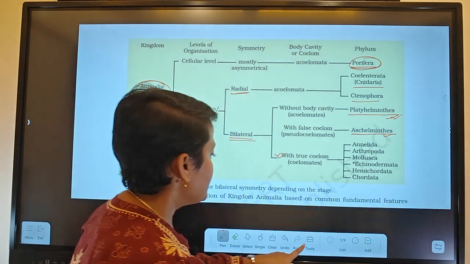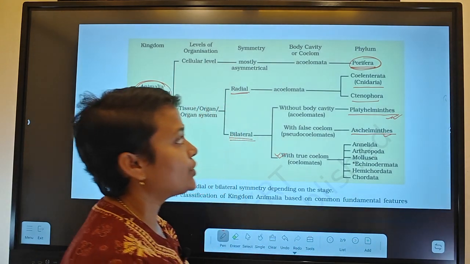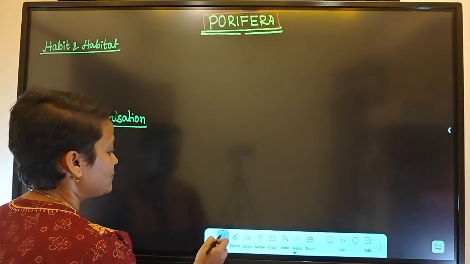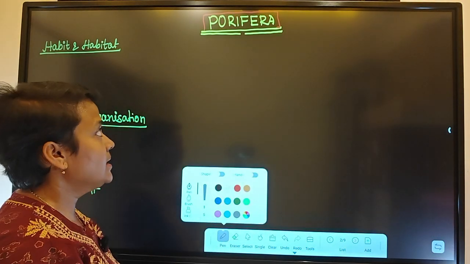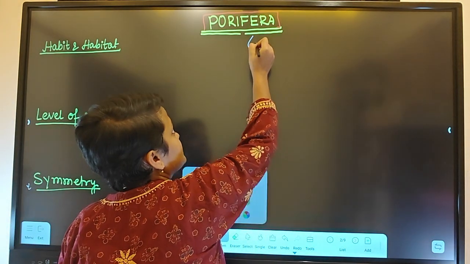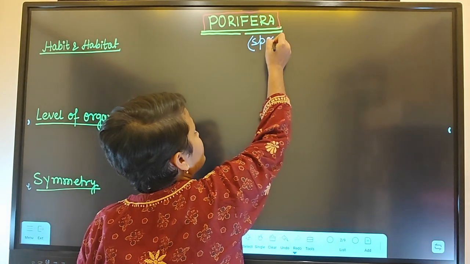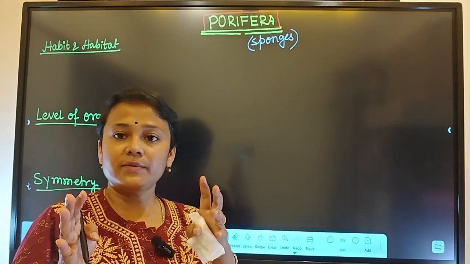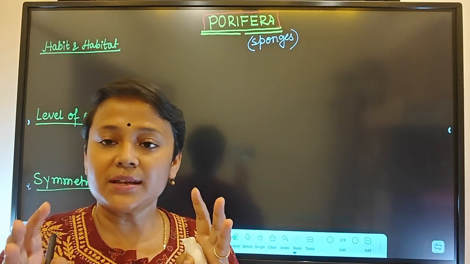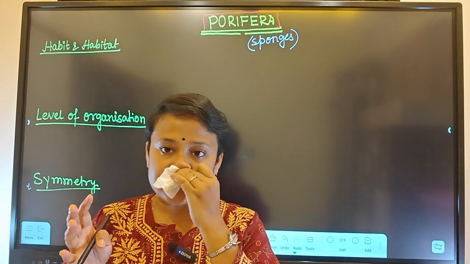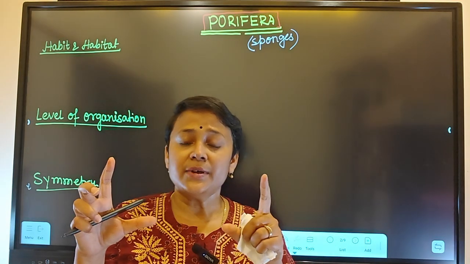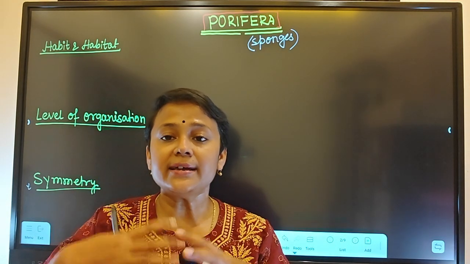Next, coming to the first phylum, Porifera. All the organisms which belong to Porifera are called sponges. We know the sponge available in the market, made of plastic or thermoplastic, has small pores on the entire surface.